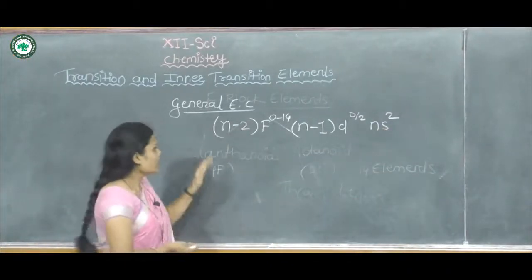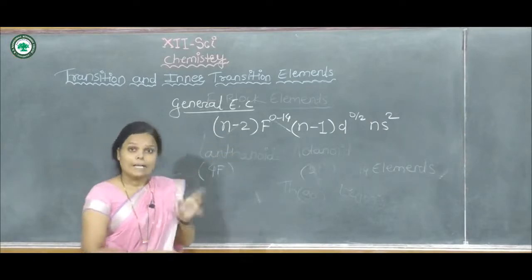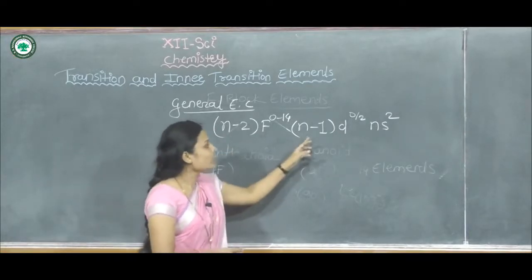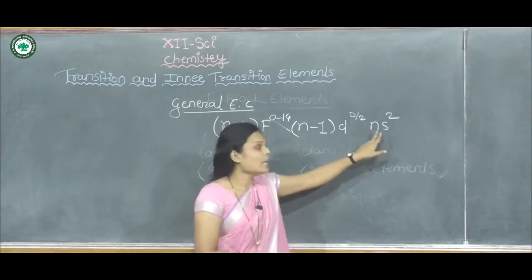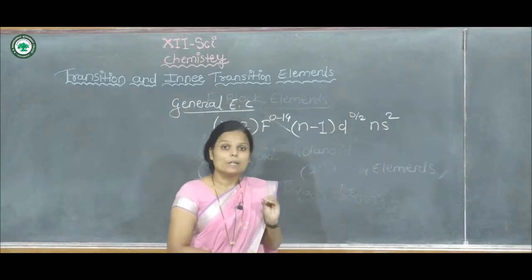We know that n-2 is the antepenultimate shell, n-1 is the penultimate shell, and ns2 is the ultimate shell.